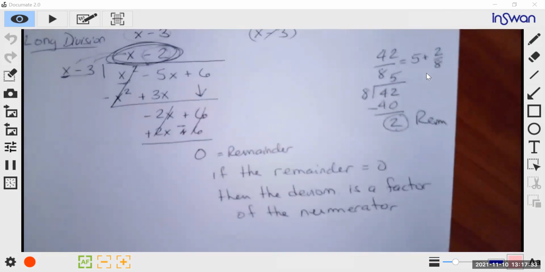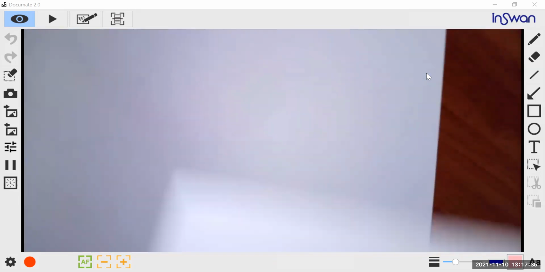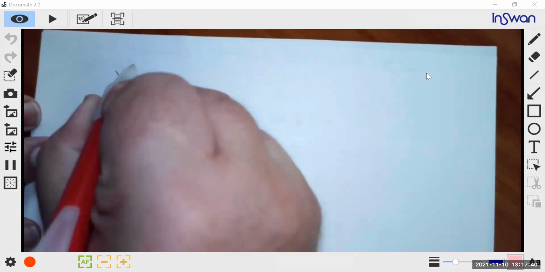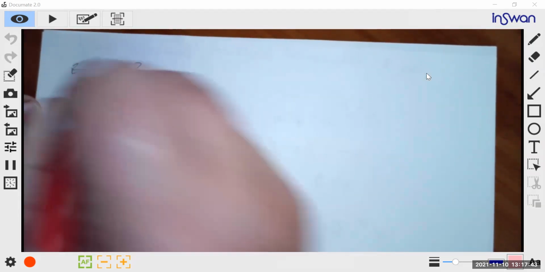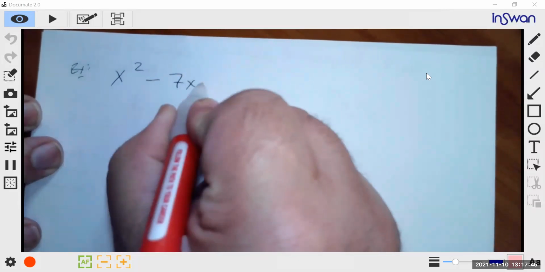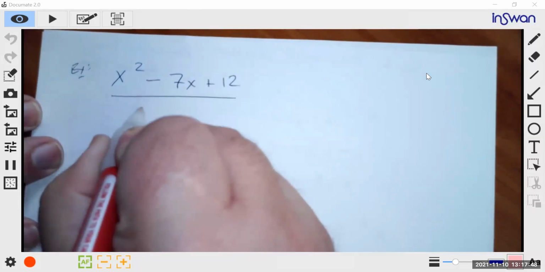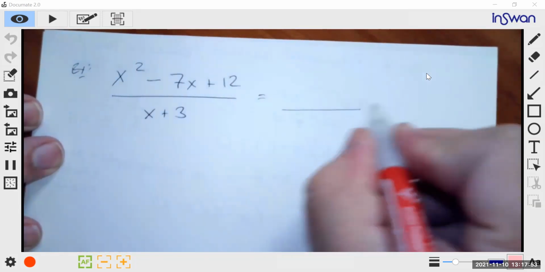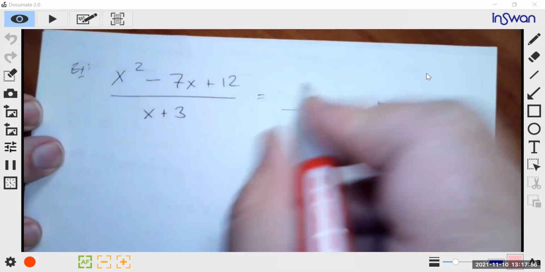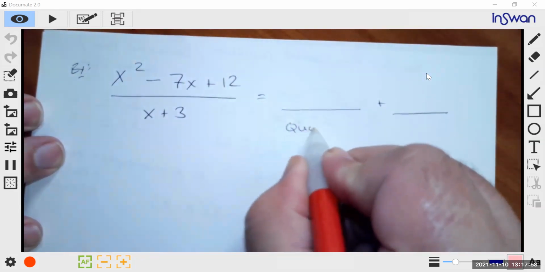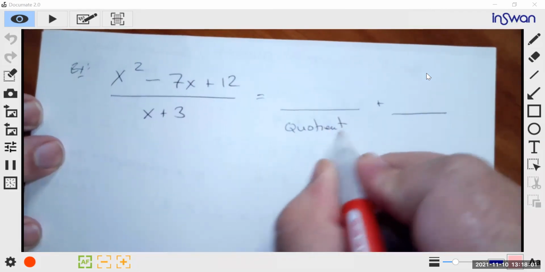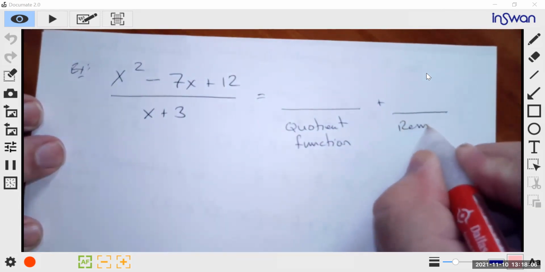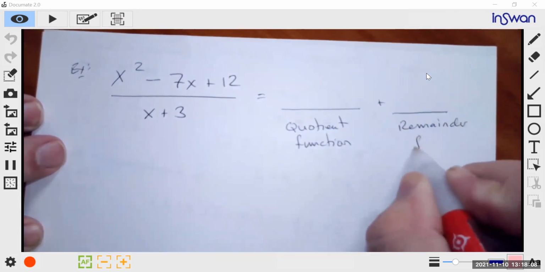Let's do another one. x squared minus 7x plus 12 divided by x plus 3. Tell me the quotient function and the remainder function.